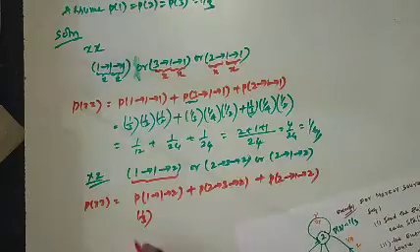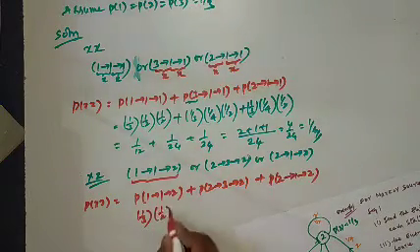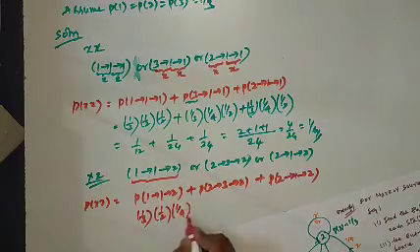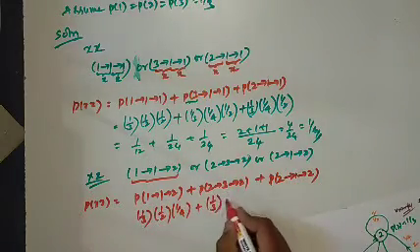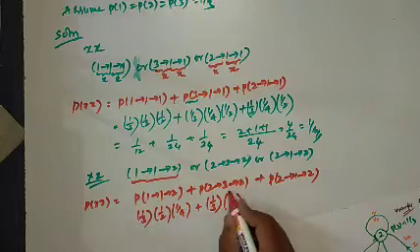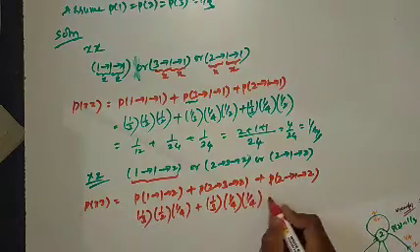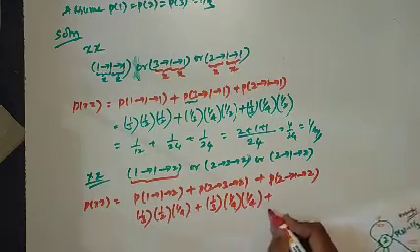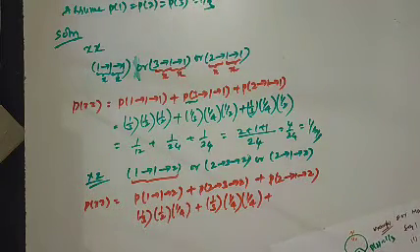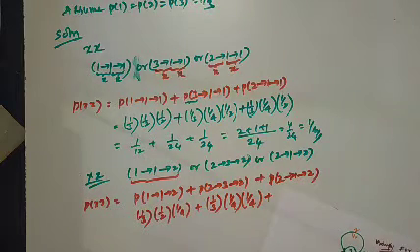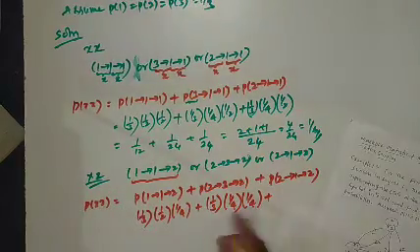Okay. So that 1 to 1 means 1 by 2. 1 to 2 means 1 by 4, plus probability of 2 means it's 3. 2 to 3 is 1 by 4. 3 to 2 is 1 by 4, plus probability of okay, this is wrong.